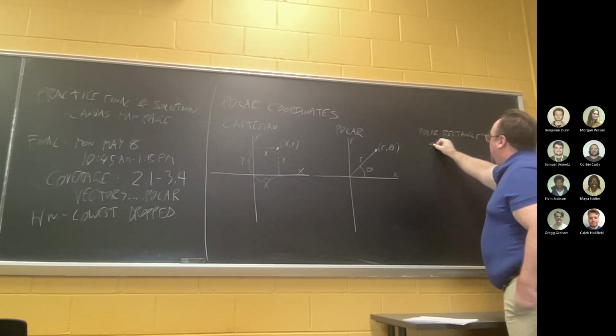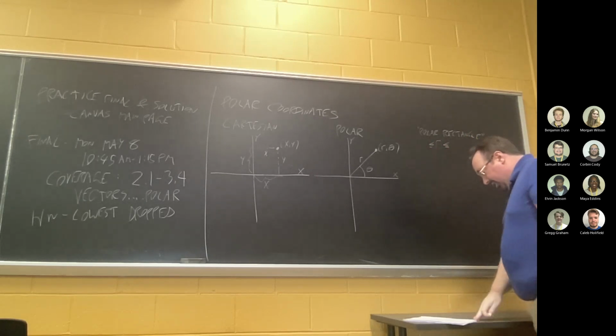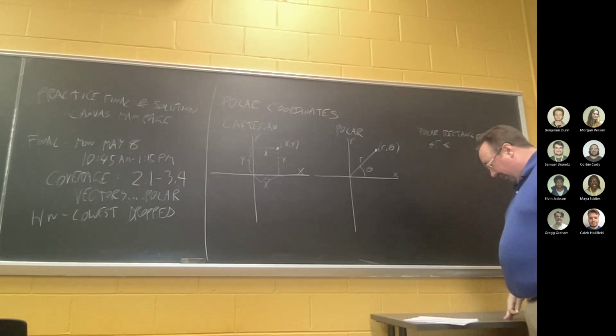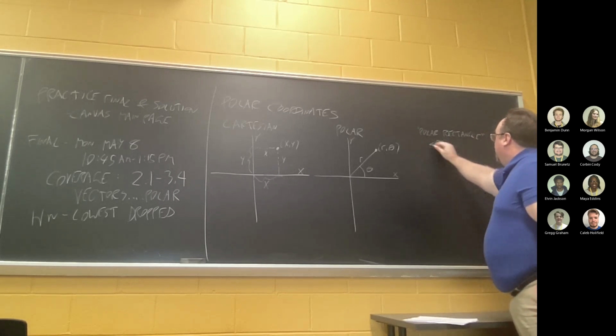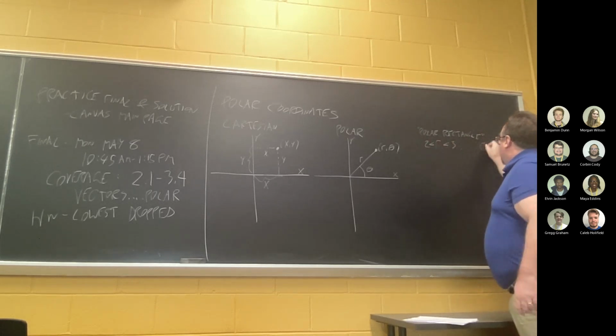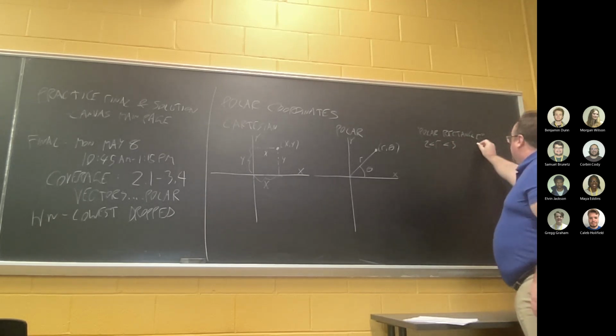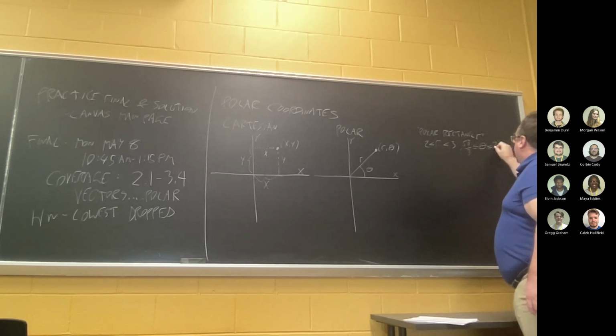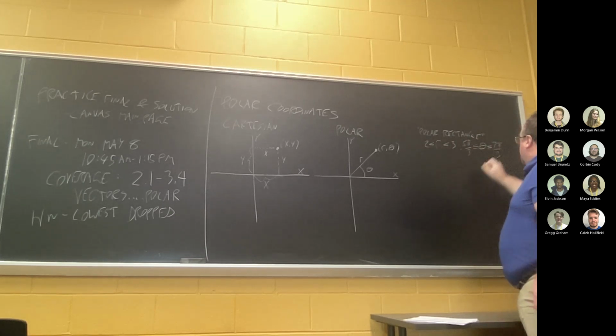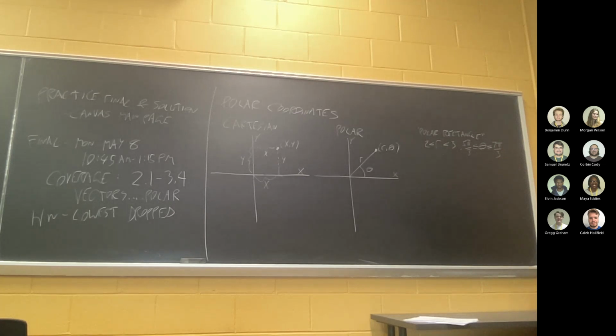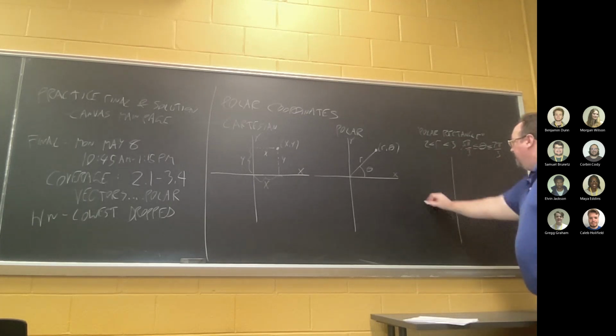But as an example, suppose I choose all points with R values between 2 and 3, and theta values between, I'll make up two angles here, 5 pi over 3 and 7 pi over 3.